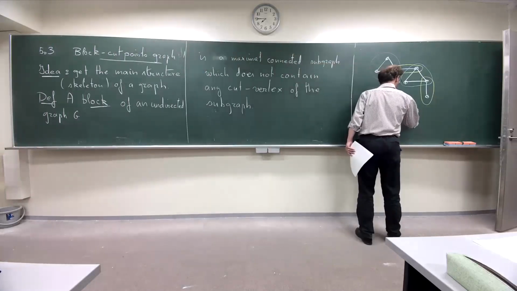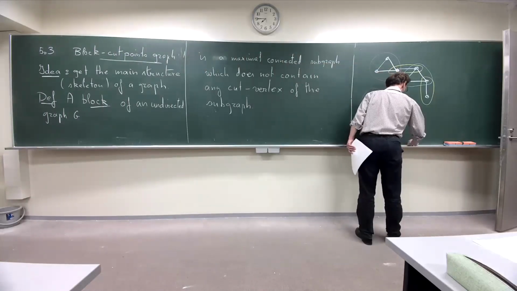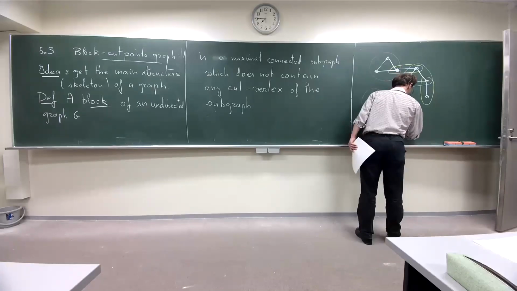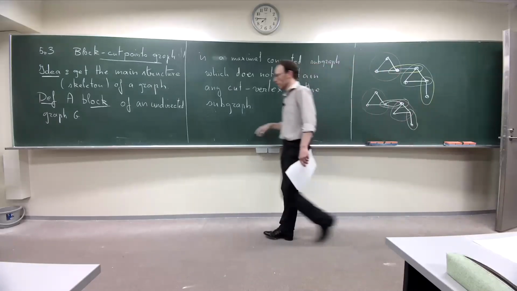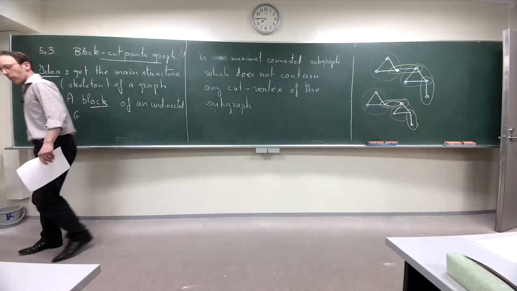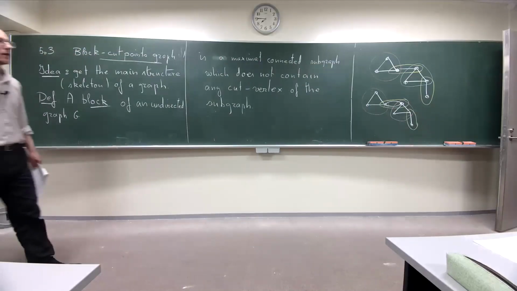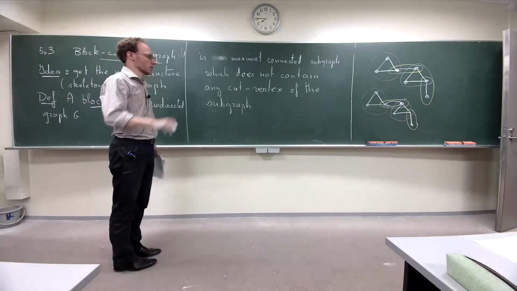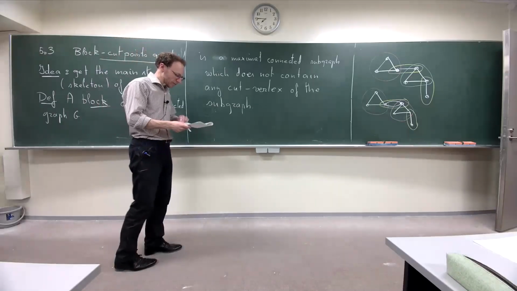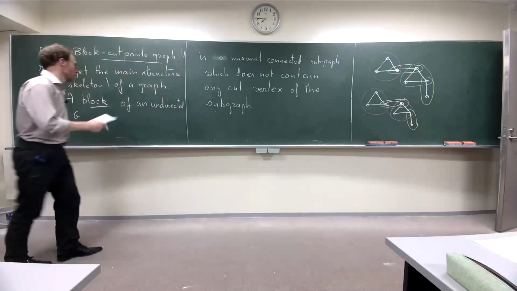Sorry, I thought it was different, but no. The block structure is the same no matter if we have a multiple edge here, because it's only related to vertices. Okay, this is the definition of a block.